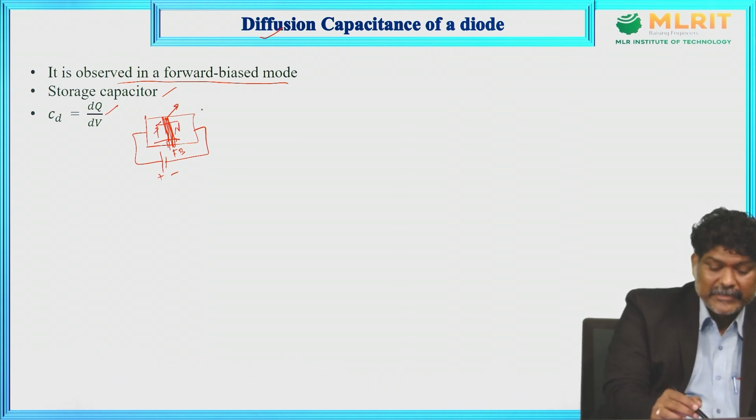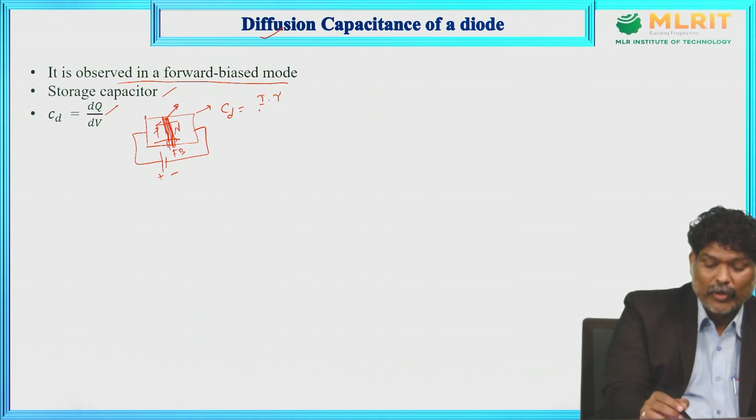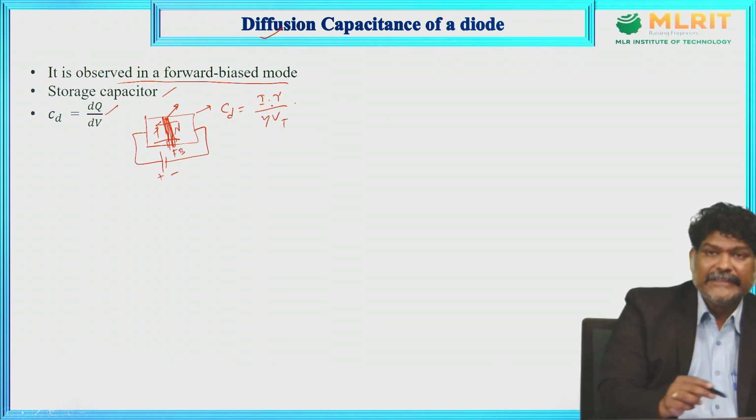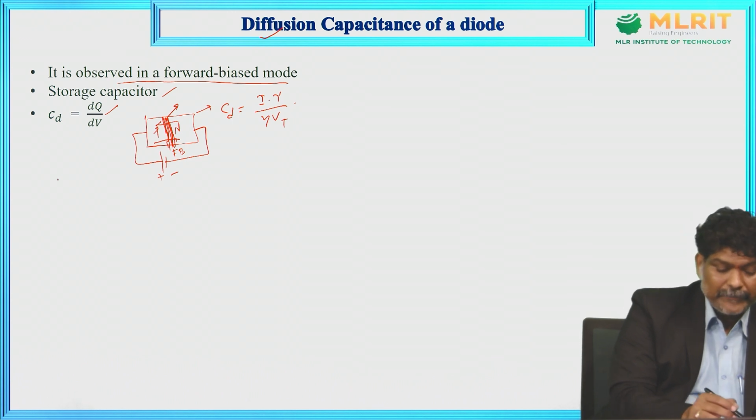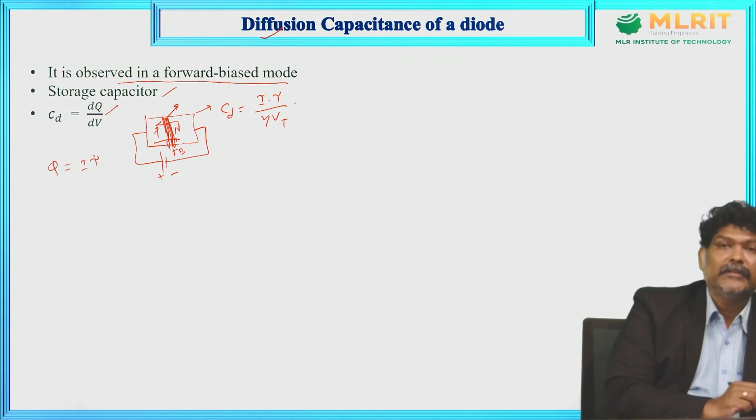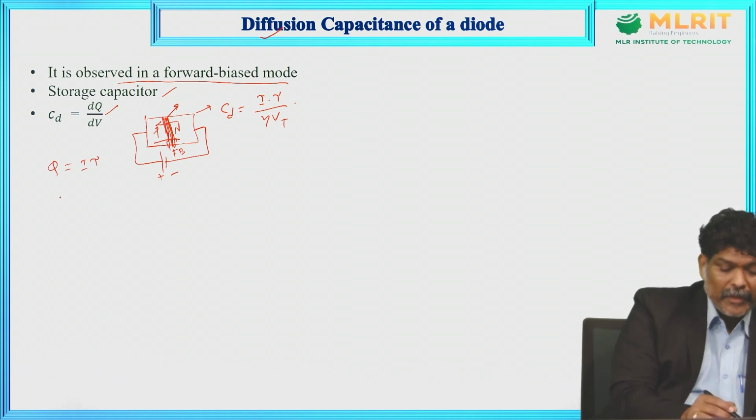This diffusion capacitance can be represented as CD equals I into tau by eta Vt. So how to get this? We know that Q is equal to I into tau.